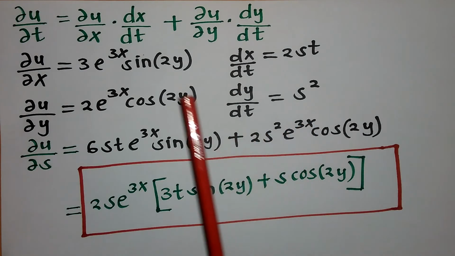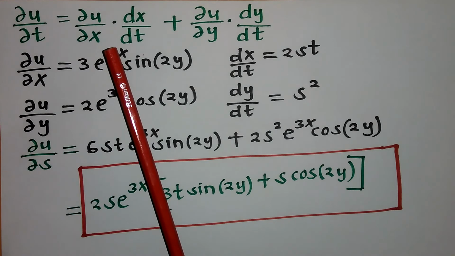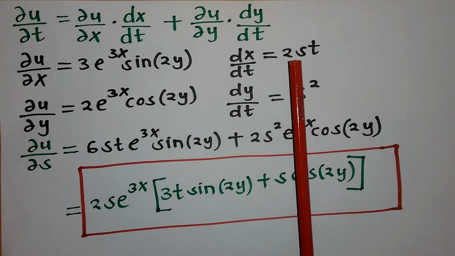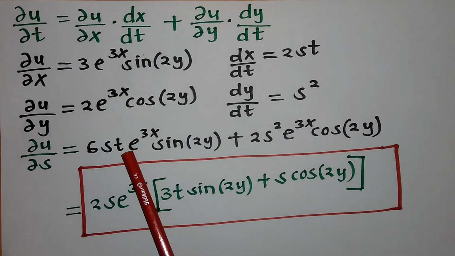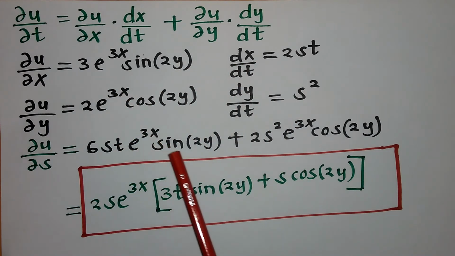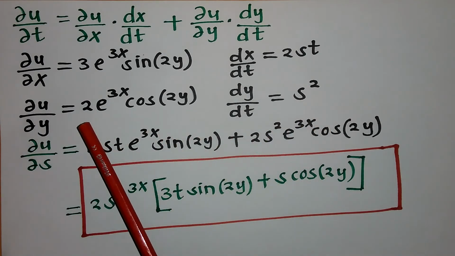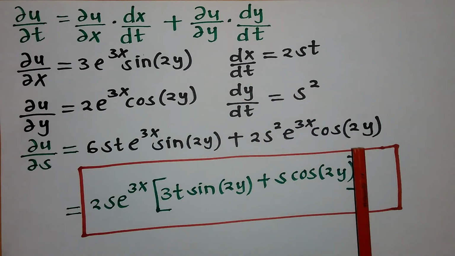Then we do the same thing, we replace our values, that is multiply du over dx with this one. For instance, if I multiply this with this, I'll have 6 st exponential 3x sine 2y plus this by this will give me 2 s squared exponential 3x cosine 2y.